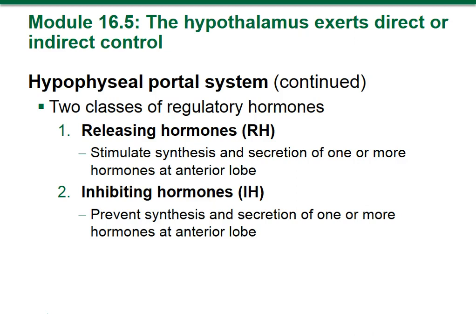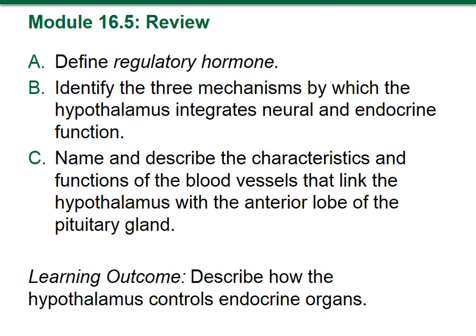And then the hypothalamus also releases inhibiting hormones that prevent synthesis and secretion at the anterior lobe of the pituitary gland. So that was one of the mechanisms in which the hypothalamus works, is by producing something that then regulates.